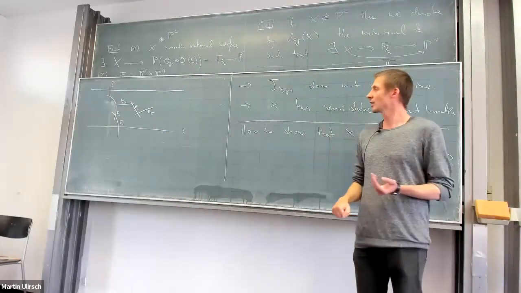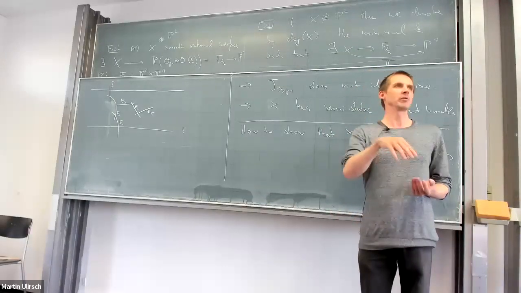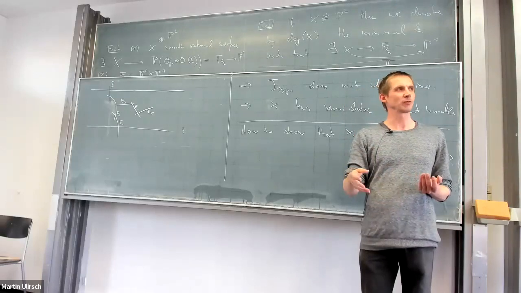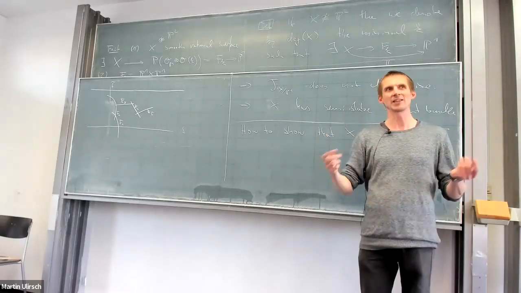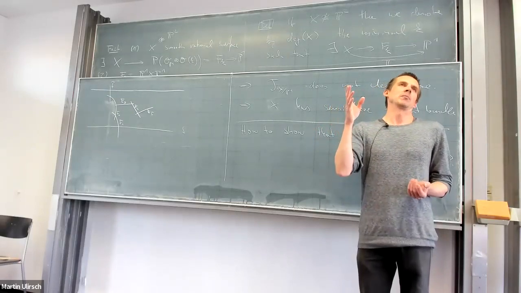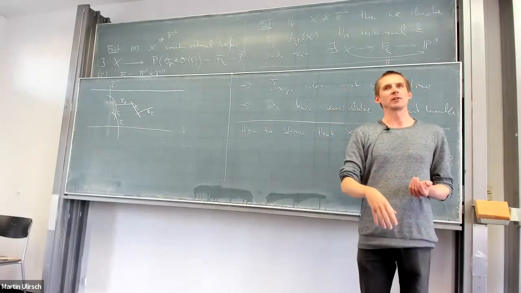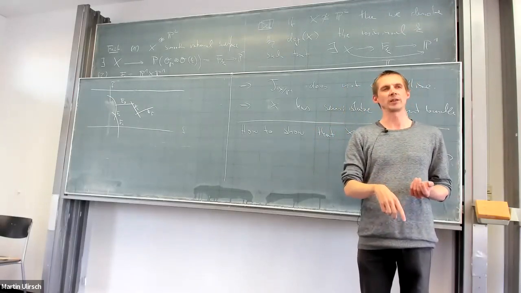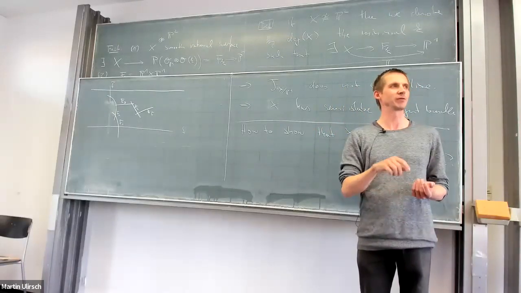So the only chance would be to blow down not -1 curves, but curves of higher negative self-intersection, to some singular surface of Picard rank 1, let's say, and try to show that this has stable tangent sheaf.